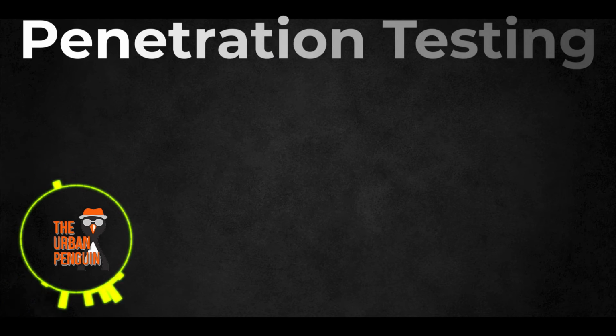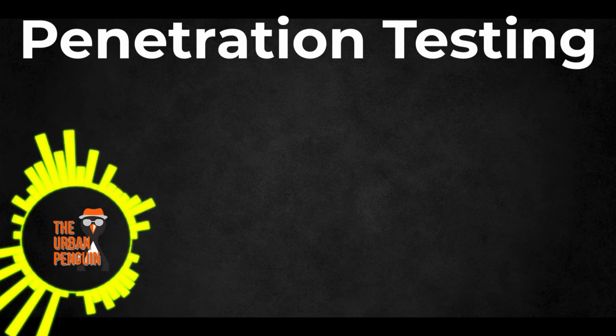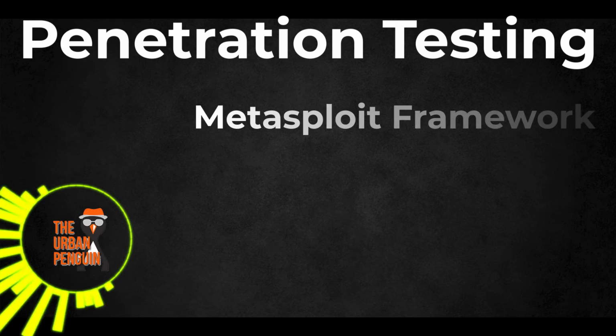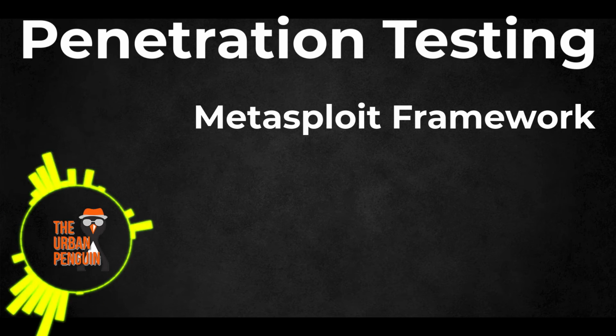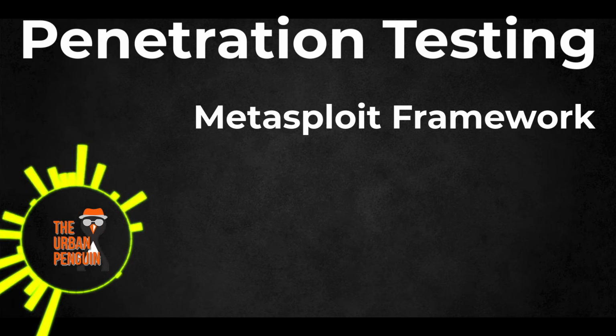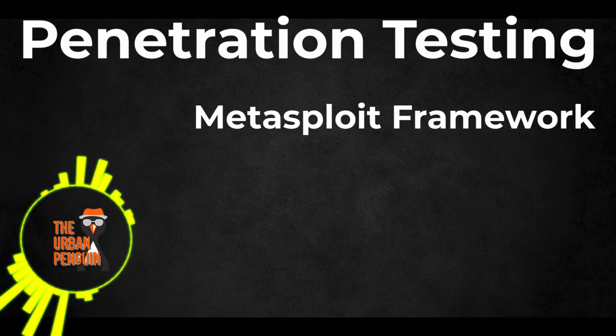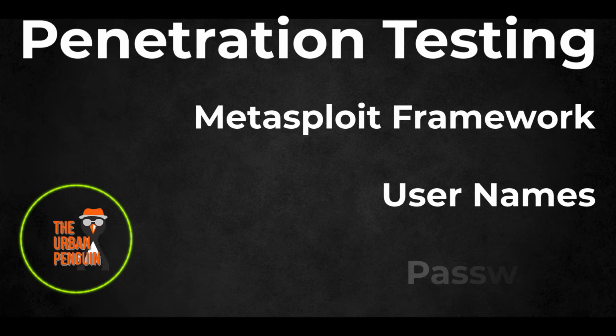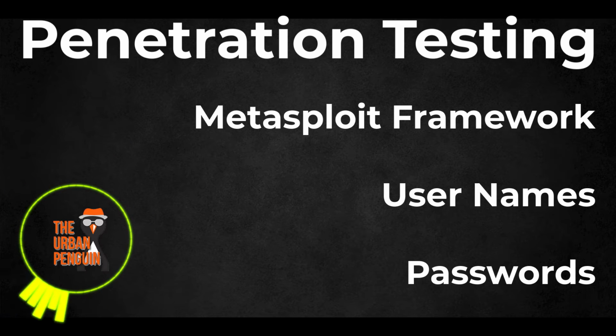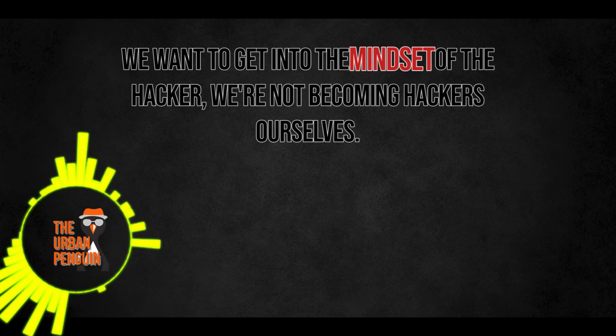So you've been trying out a little bit of penetration testing yourselves, using the Metasploit framework, which ships with Kali Linux. You are able to make use of their supplied list of usernames and supplied list of passwords to try and log in to your remote server. I am making it clear that it is your remote server. We want to get into the mindset of a hacker.